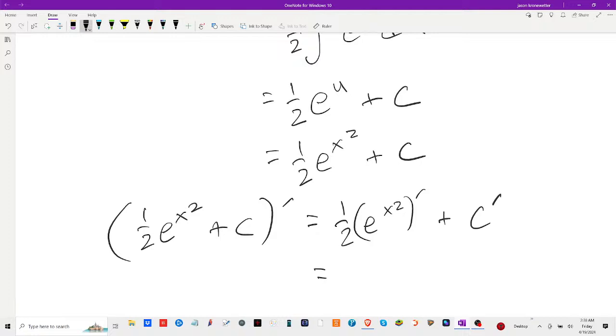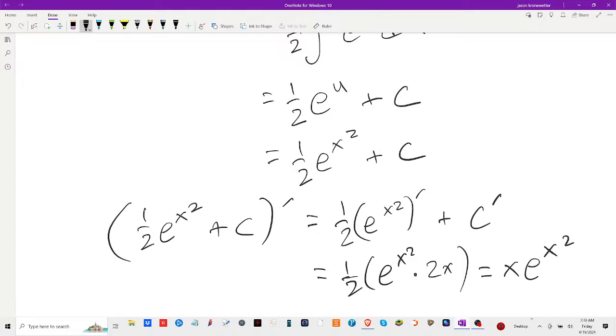Okay, now what do we do here? It's e to the Mickey Mouse. So I get e to the Mickey Mouse back again times the derivative of x squared, which is 2x. And when I reduce this, I just get x e to the x squared.